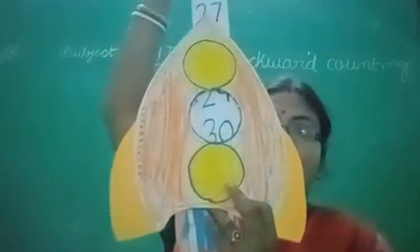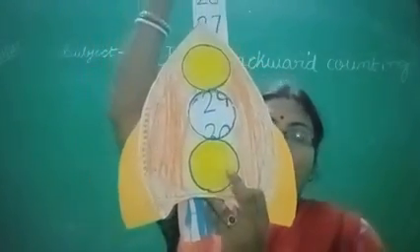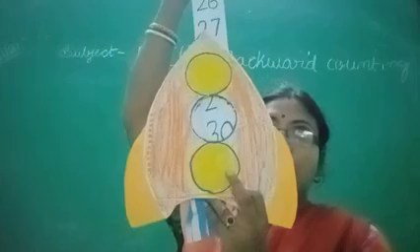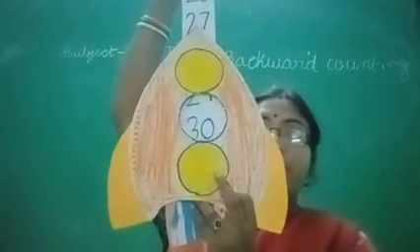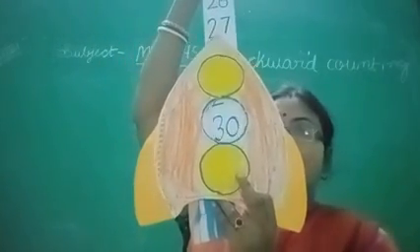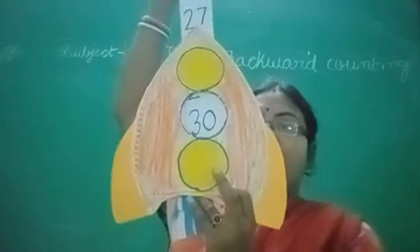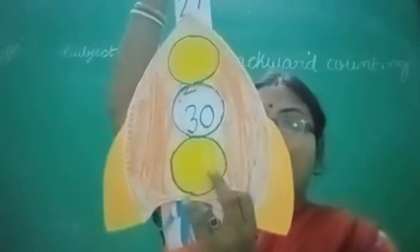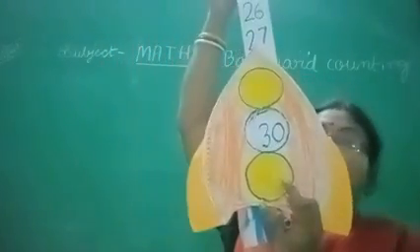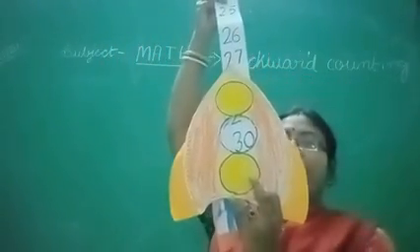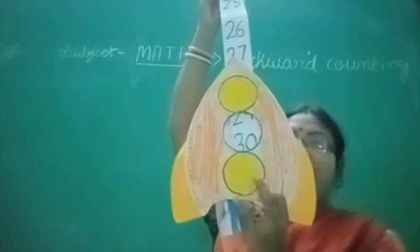We have gone up. Now we will again come down. Now we will count the numbers from the back. Whatever number we first see, it's 30. So we are coming back from space. We have gone to space with the help of the rocket. Now we are coming back.